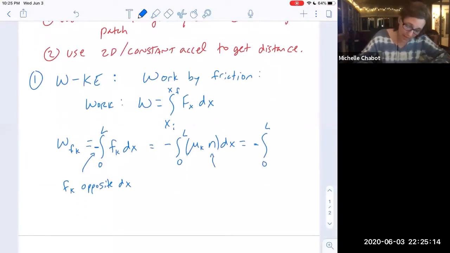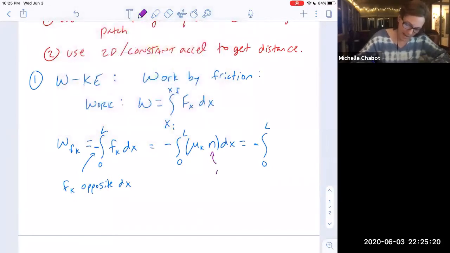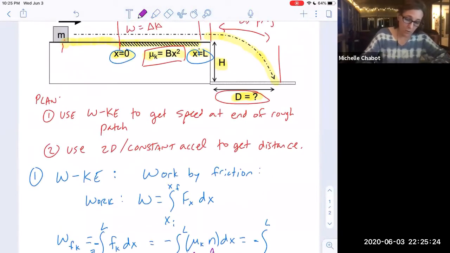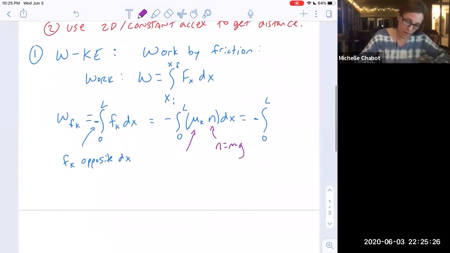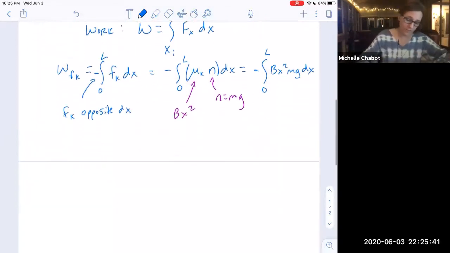So N equals mg, and mu sub K is equal to bx squared. So that allows us to write negative integral from 0 to L of bx squared mg dx. So now we have something we can actually integrate.